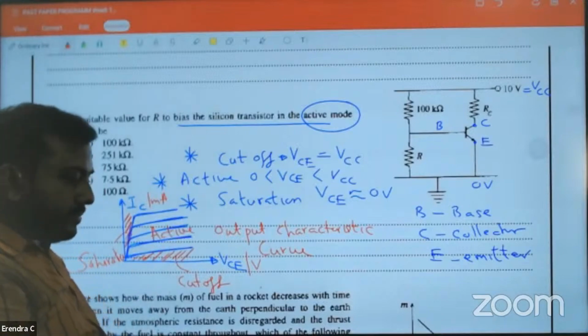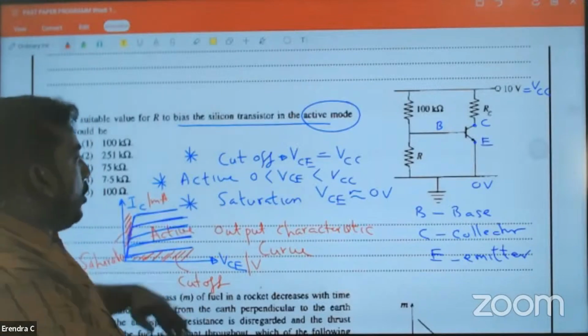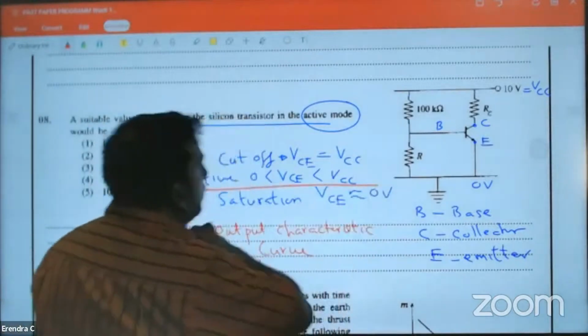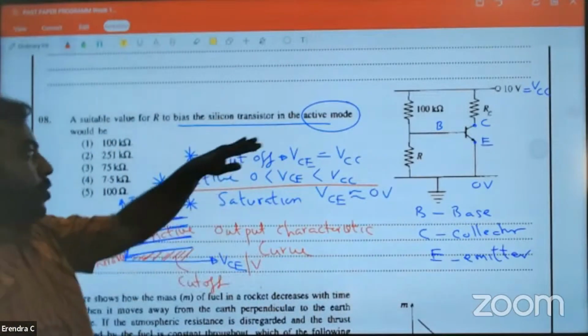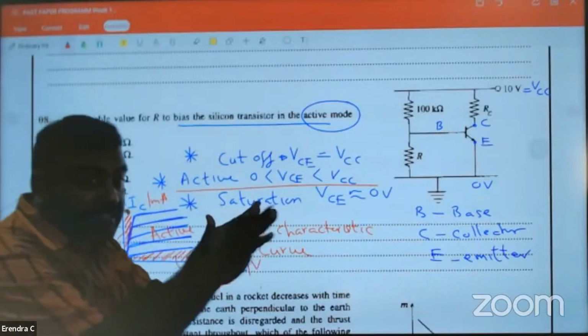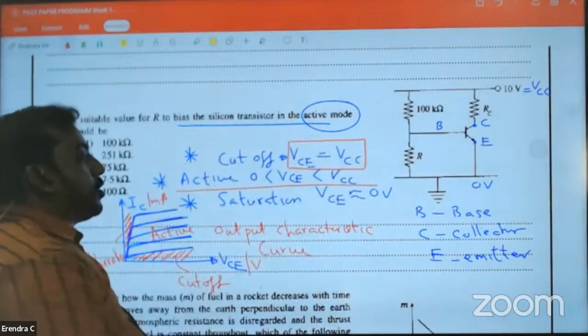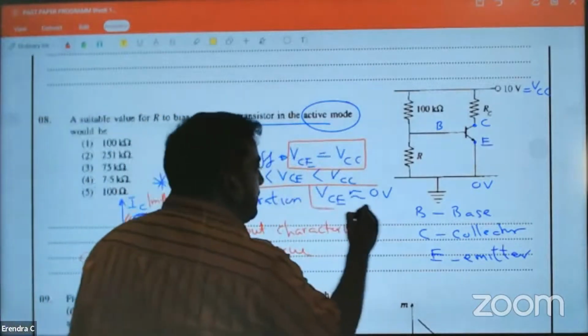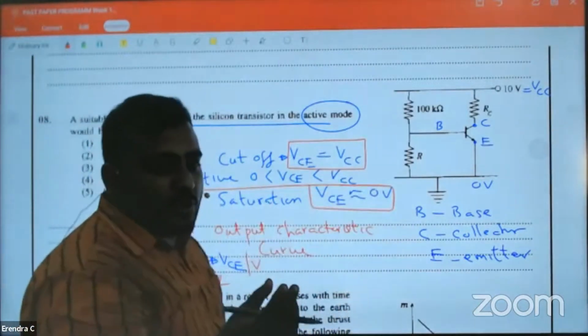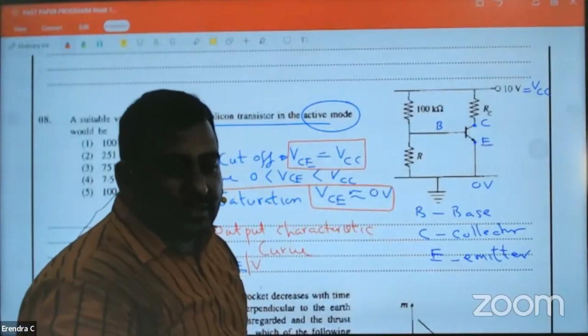Now they are questioning you on this part only. Don't worry about these two. If they ask you, you know VCE is equal to VCC in cutoff. In saturation VCE is approximately 0, sometimes 0.1, so we normally ignore it.